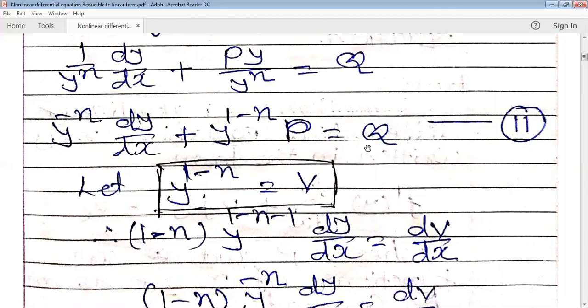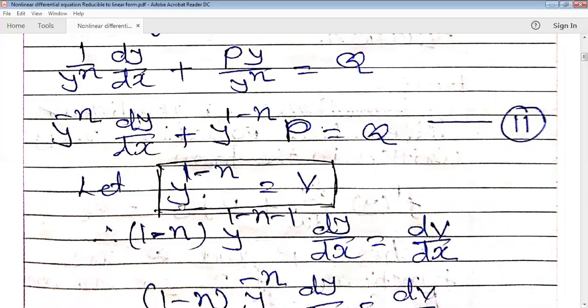To convert our non-linear equation into linear form, we assume y raised to 1 minus n is equal to v. Friends, here we convert our variable y into v.